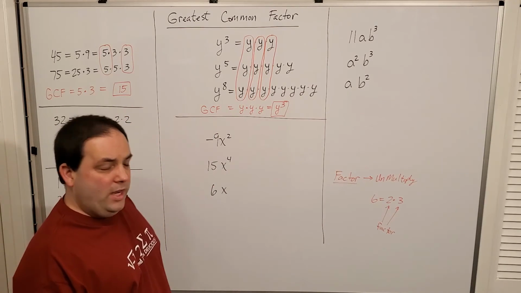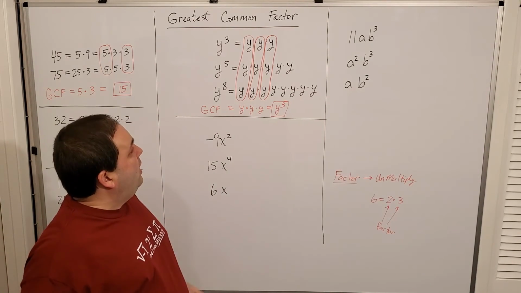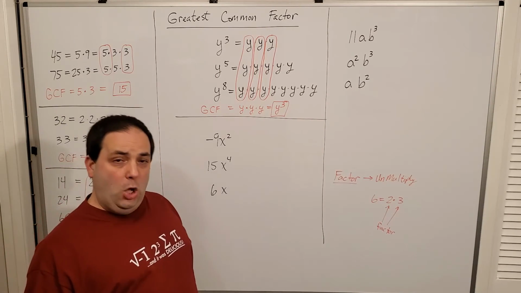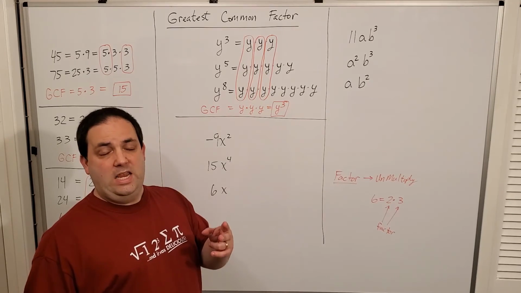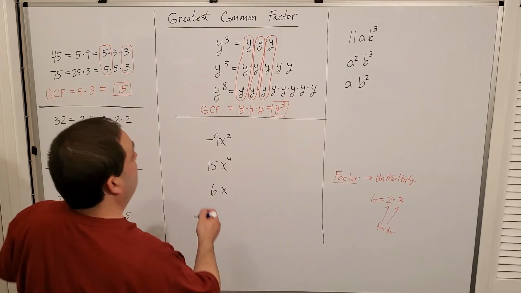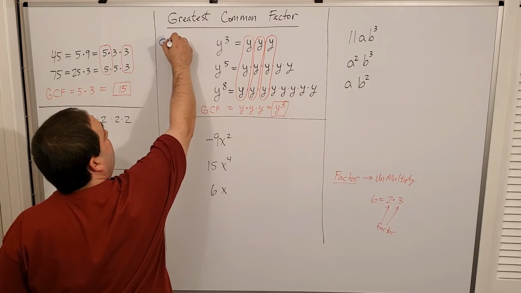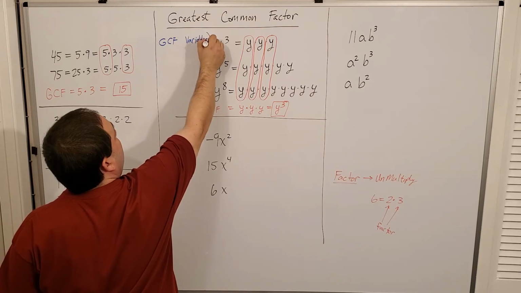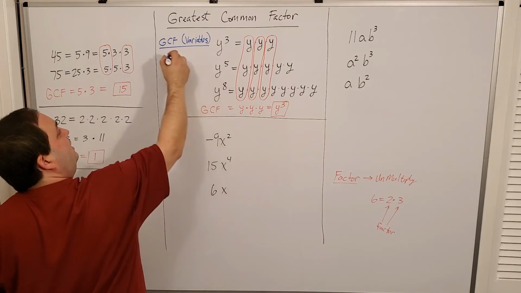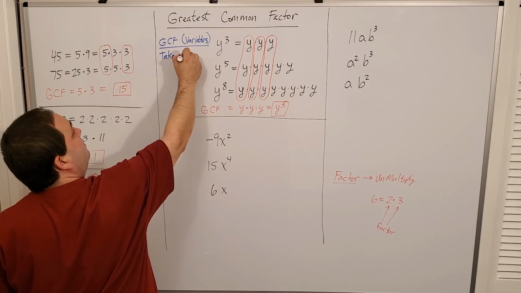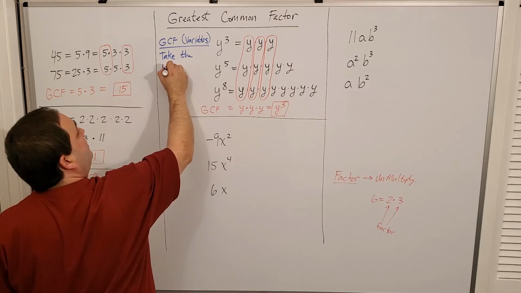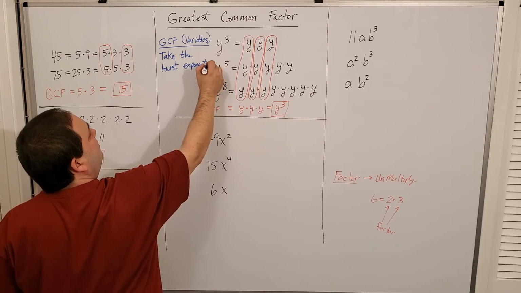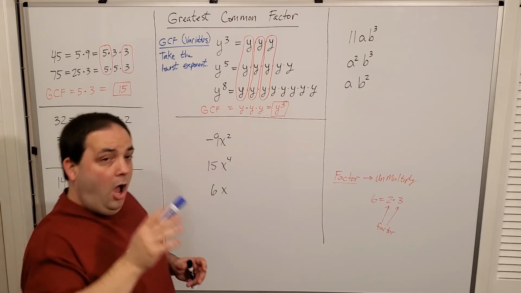But there was an easier way to do that. Okay? Whenever you're doing the GCF for variables, you always take the lowest power that you see of that variable. Okay? GCF for variables is just take the lowest exponent of the ones that you see.